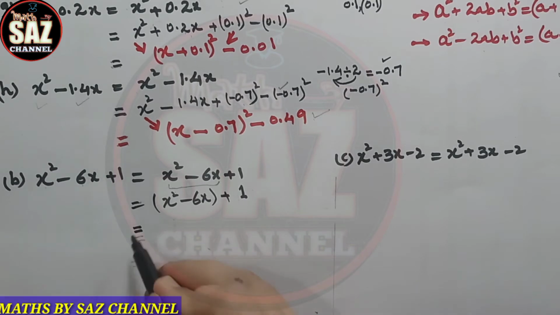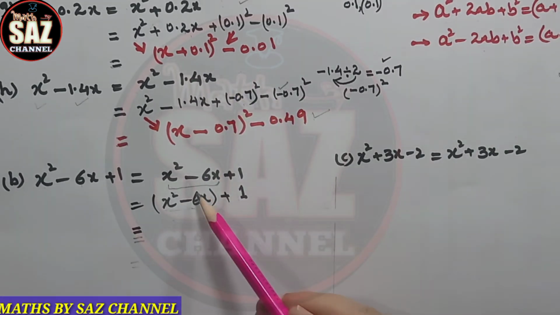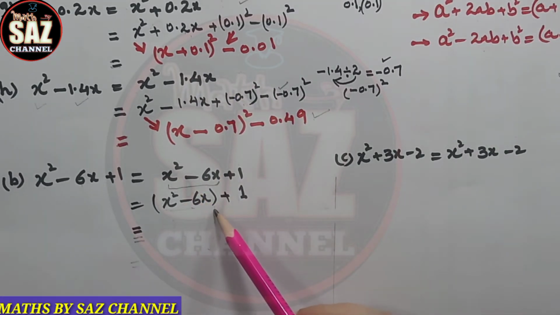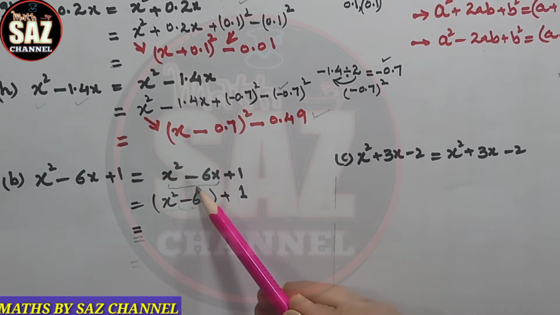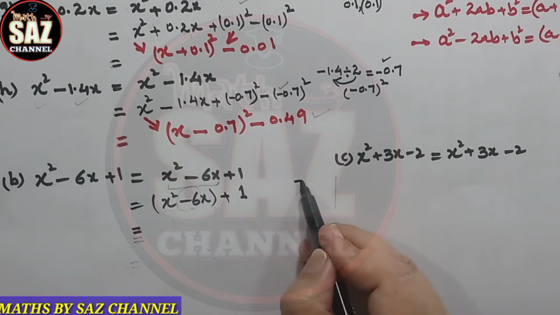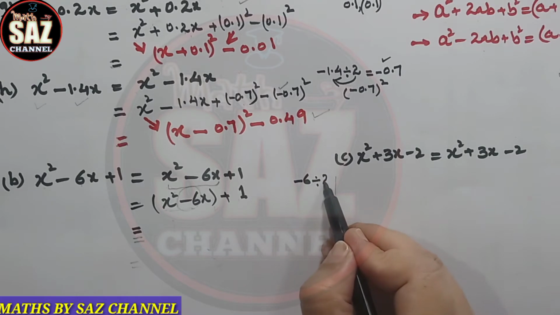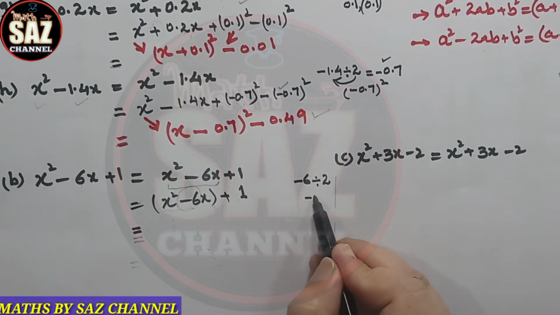Now we can see that this part is similar to the previous questions. In order to make this part the complete square form, I have to identify the coefficient of x, which is minus 6. I have to divide it by 2, make it half, and my answer is minus 3.